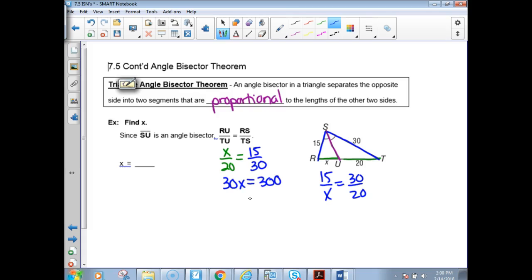And then we divide by 30, and we get X is 10. Either proportion here will give us the same cross products. Okay, that's all I'm pointing out. And hopefully you're paying attention because this is really not very hard, especially these problems where you just have to find X and it's not real complicated.